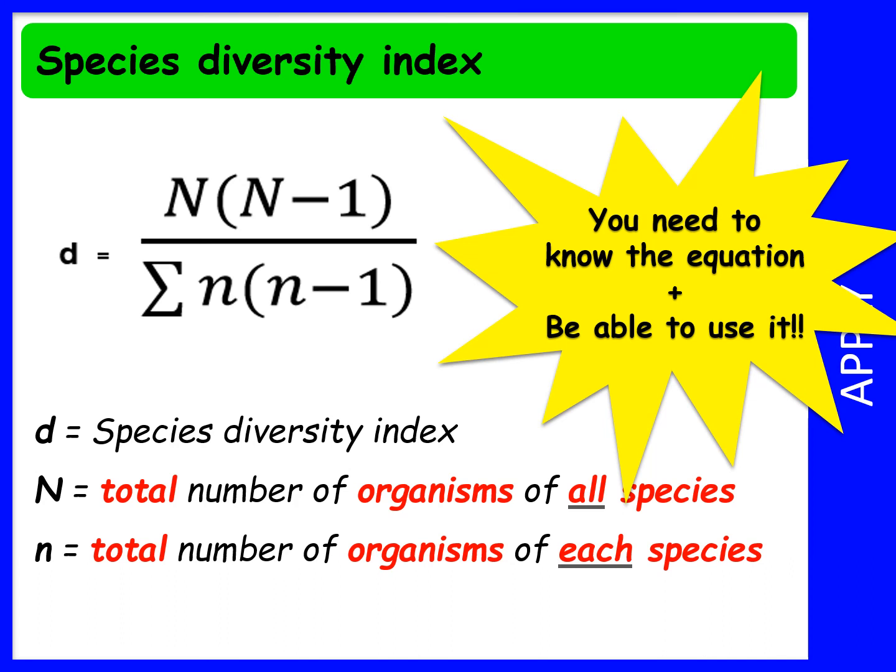So you have to do a number of different calculations on the bottom of the fraction. So n times n minus 1 you'll do for species A, then B, then C, then D, etc. So you can have a number of different calculations on the bottom, and then the sigma symbol, which is this one here, just means add the values together. So sigma means the sum of.